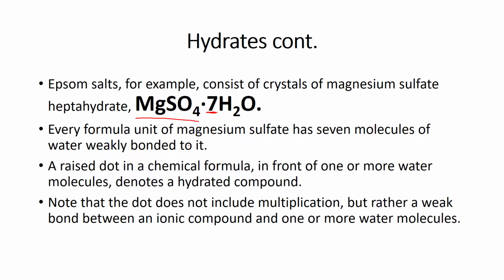A raised dot in a chemical formula in front of one or more water molecules denotes a hydrated compound. Note that the dot does not indicate multiplication, but rather a weak bond between an ionic compound and one or more water molecules.